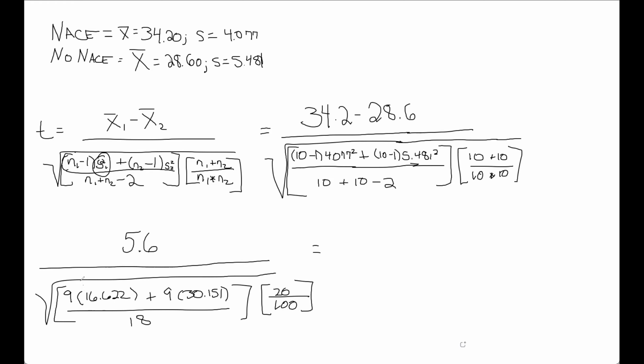So 9 times 149, instead of writing the whole thing out again, is 149.598. And then 9 times 30.151 is 271.359. Okay.